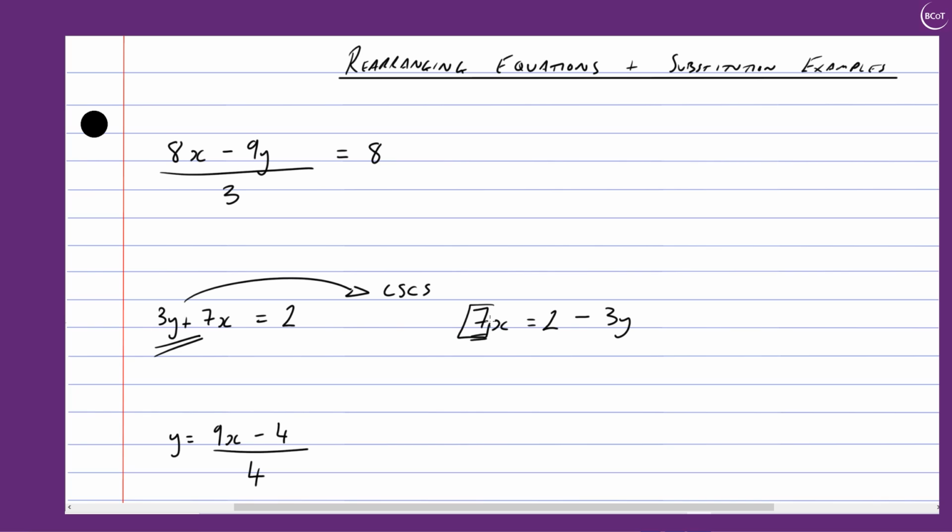And now divide both sides by 7 with swap and drop for the 7. We'll be left with x equals 2 minus 3y all over 7. Or we could write it as x equals minus 3y plus 2 over 7. They're both correct.